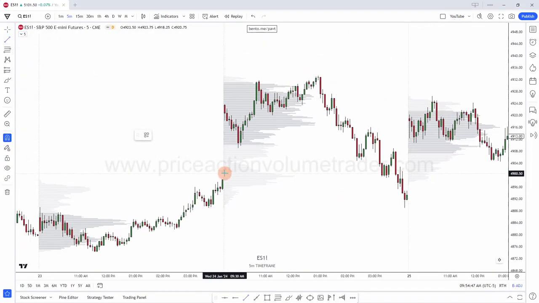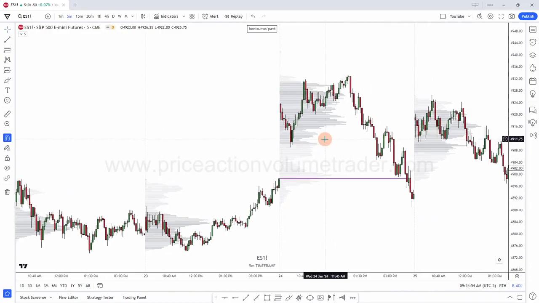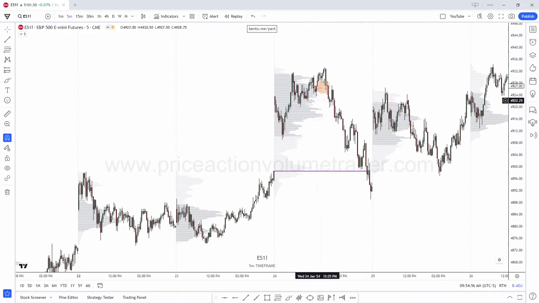Here's another one. Right here, we had a gap up on this move, and then the market just had a pullback and then into this fill here.